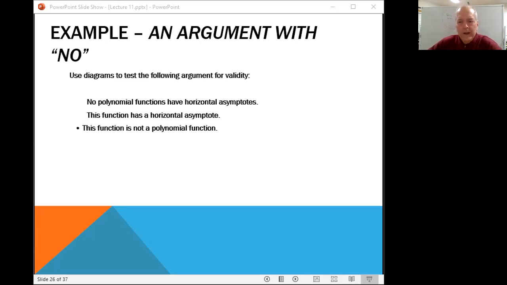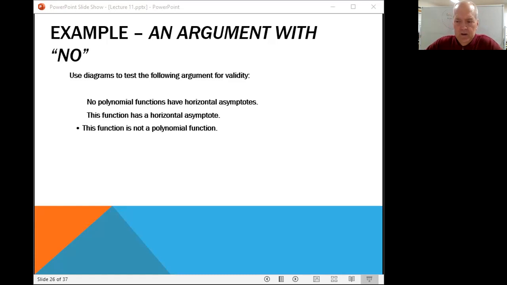So again, a good way to represent a major premise is diagrammatically. We have these two disks, polynomial functions, and functions with horizontal asymptotes. And then the minor premise, which is going to be a particular element, you put in the appropriate circle. In our case, we put it in the circle that had functions with horizontal asymptotes.